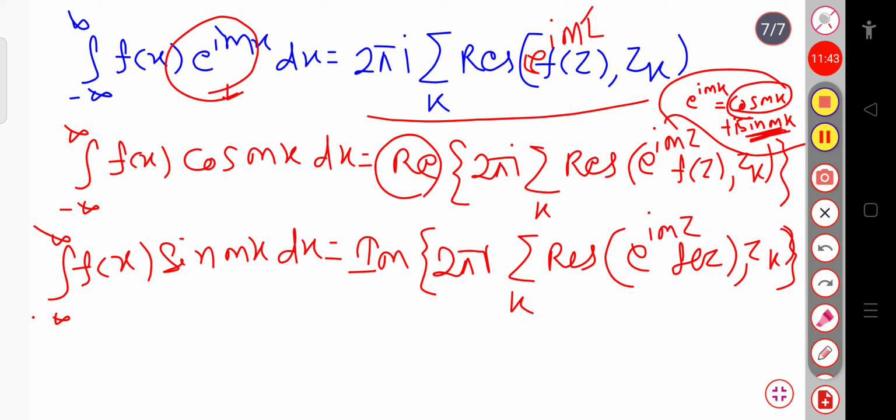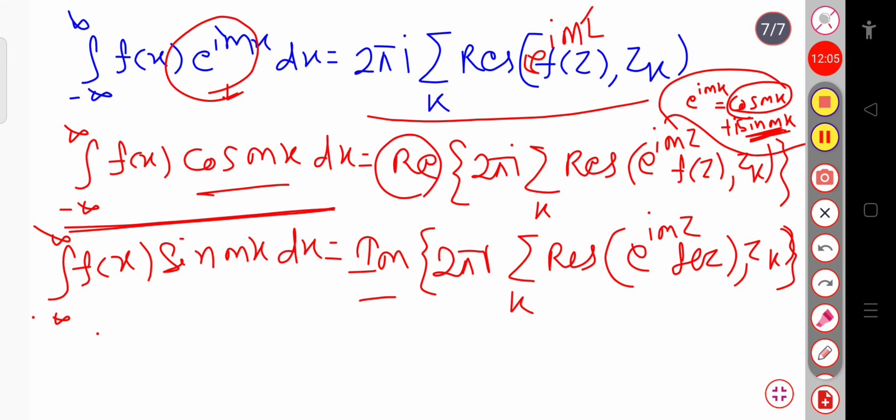The real part will be for cosine: when the function is multiplied with cosine mx dx, you have to take the real part of the right hand side residues term. And if the question is a function of x into sin mx dx, then you have to consider the imaginary part.